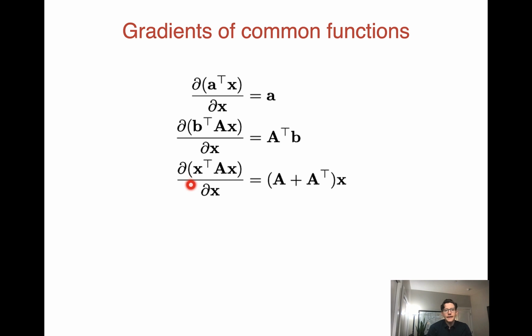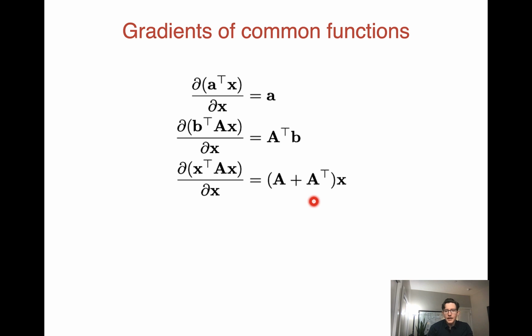One more. What about the quadratic form that we just saw on the previous slide? X transpose A times X. Again, A is a constant matrix. X is the thing we want the derivative with respect to. You can convince yourself that it's the following: A plus A transpose X. Again, if we have the quadratic form, often we'll be assuming that A is symmetric.